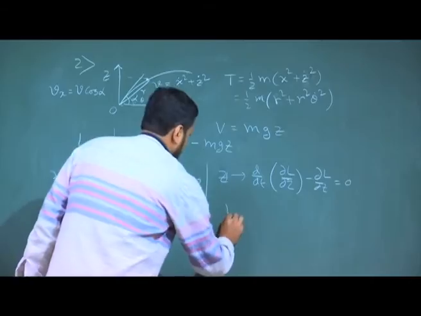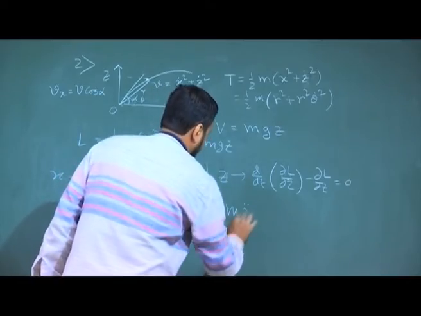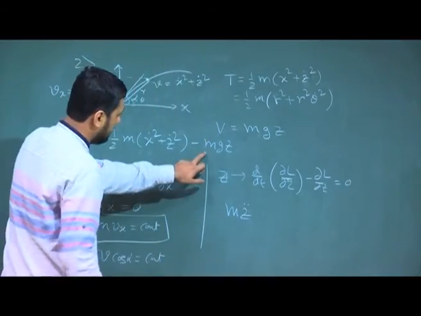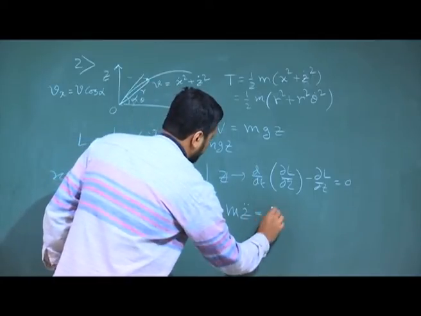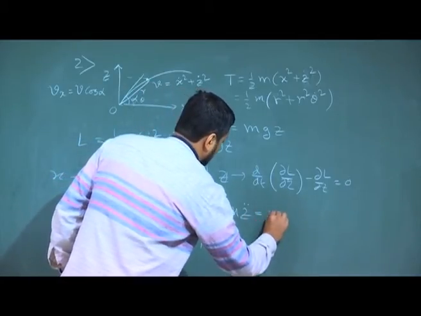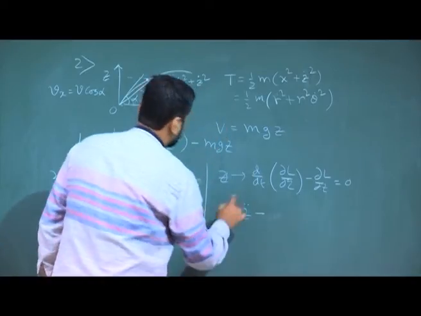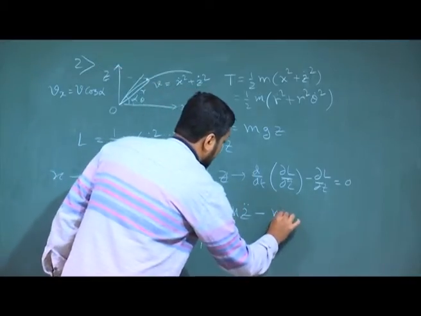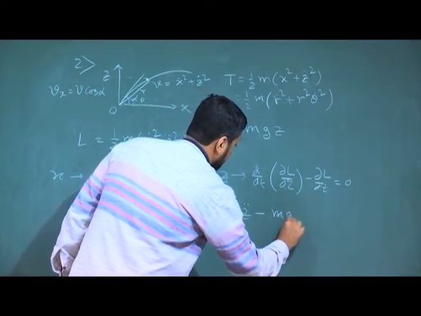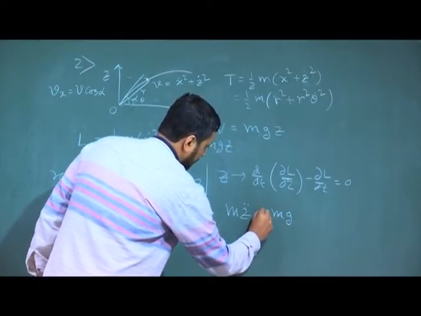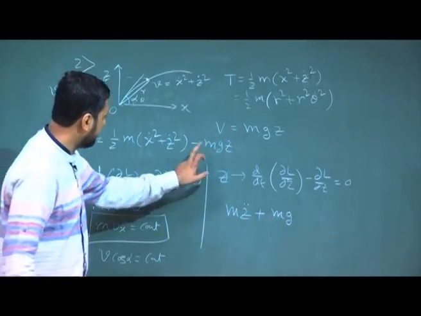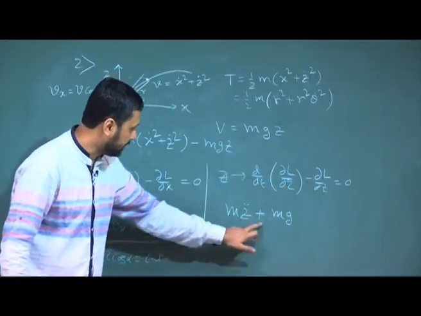So, it will be m z double dot equal to, or rather minus m g. Okay. It will be a plus sign here because there is a minus here and a minus here.